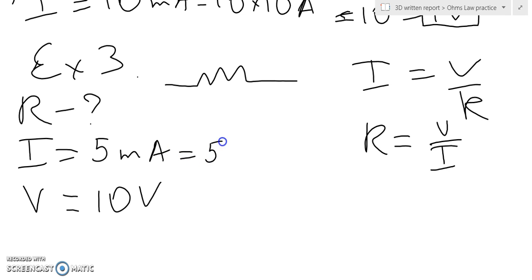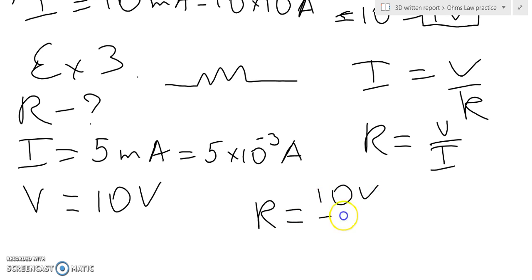So I need to do one little conversion, right? This is 5 times 10 to the negative 3 amps. Now I can finally plug in. So R equals 10 volts over 5 times 10 to the negative 3 amps.